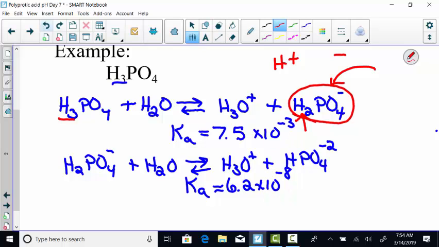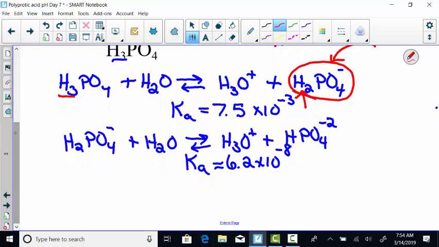Now, the other issue is there are 2 Ka values here. So how do we distinguish them? Well, the first one is called Ka1, and the second one is called Ka2. So you have your first ionization constant and your second ionization constant.